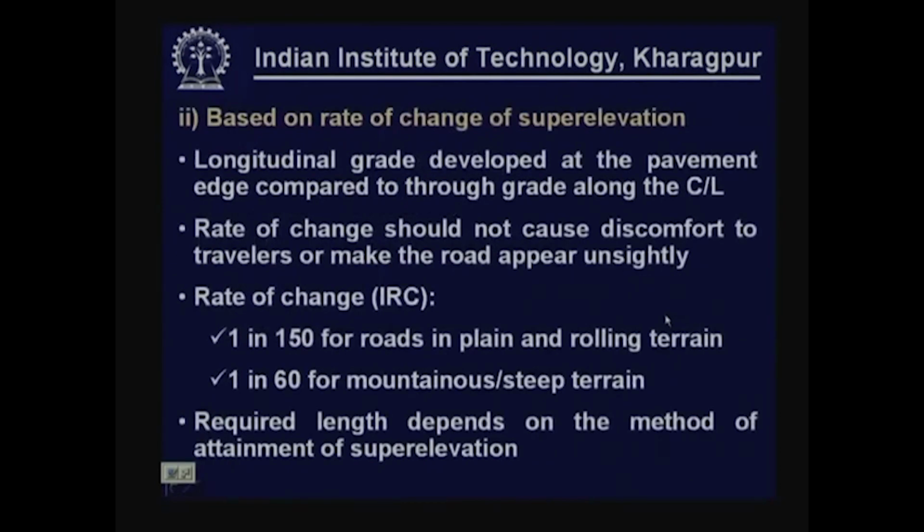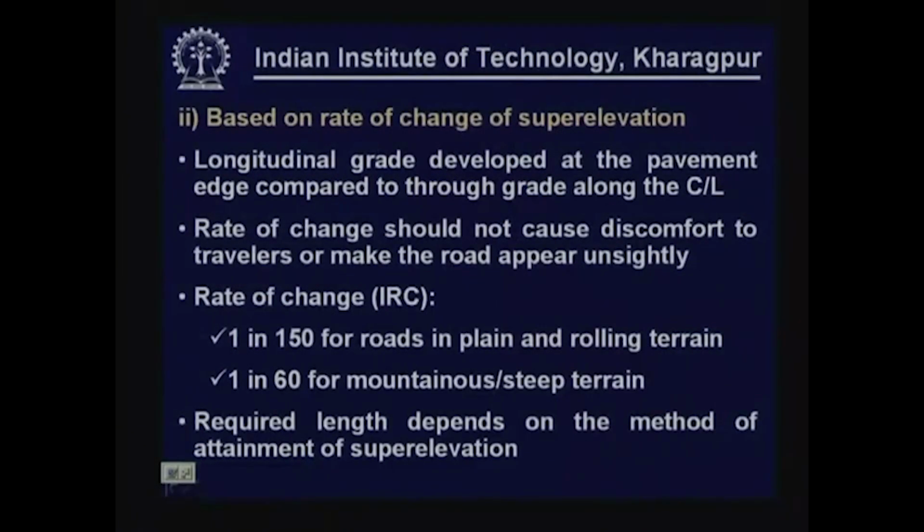Now, the second criteria is based on the rate of change of super elevation. Now, super elevation, as we have already discussed, should be introduced gradually over a length, that is the super elevation runoff we also defined. So, at a certain rate this super elevation should be introduced.